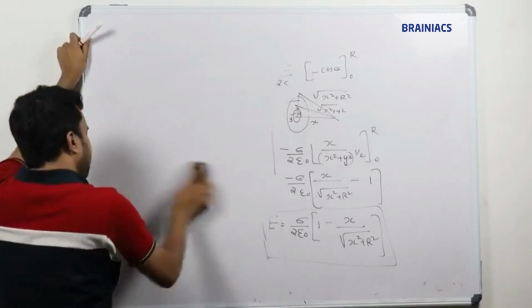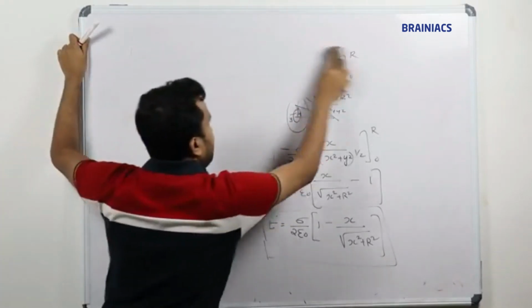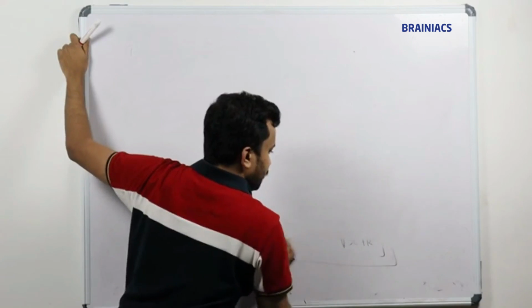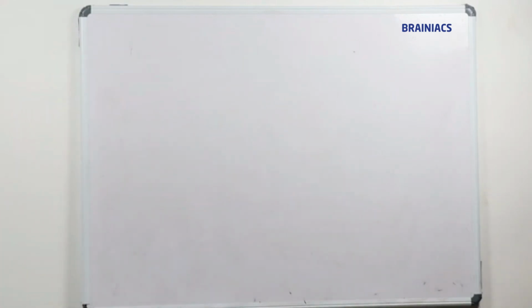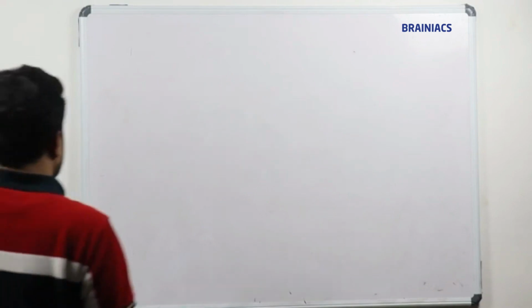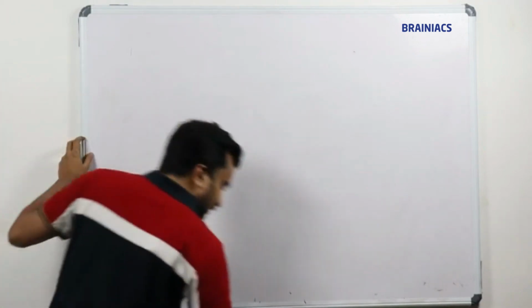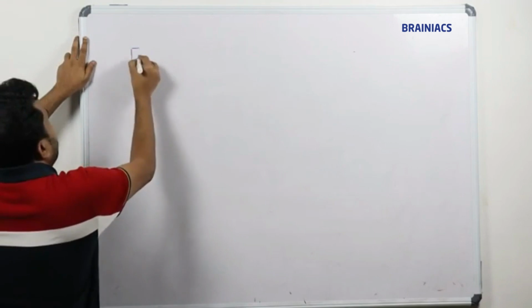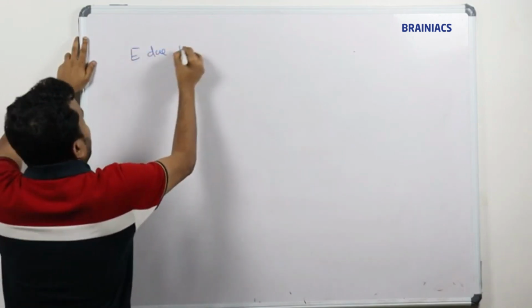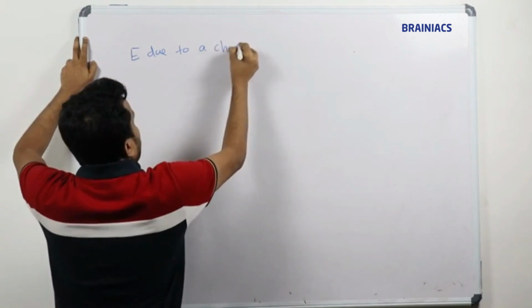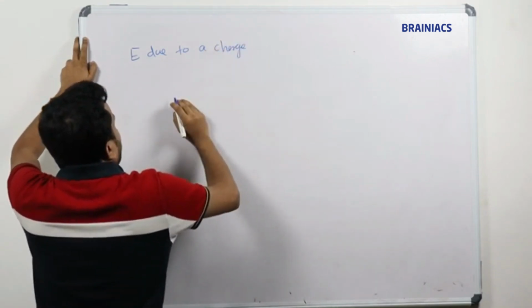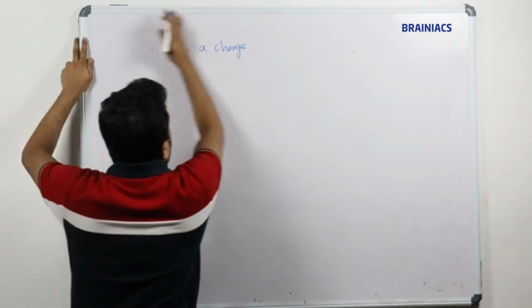Electric field intensity due to a suspended charged particle means what? Suspended means just hanging. So I am writing electric field, not electric field intensity.